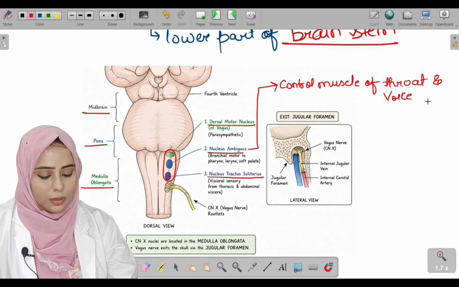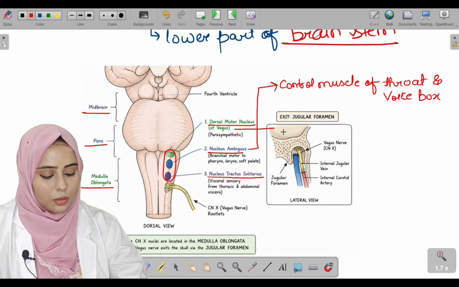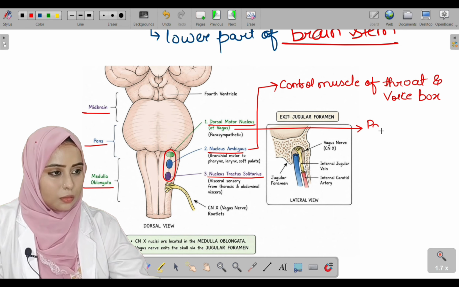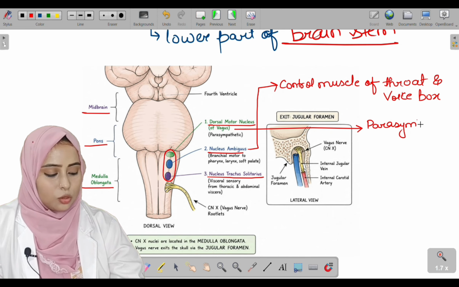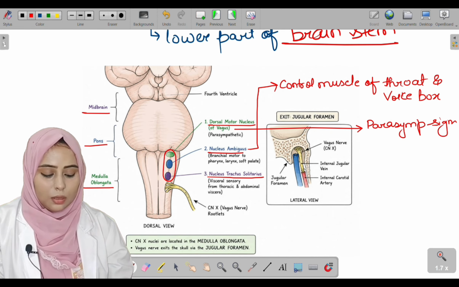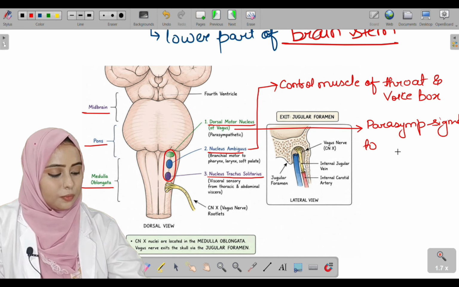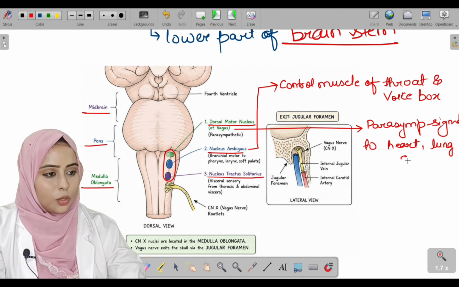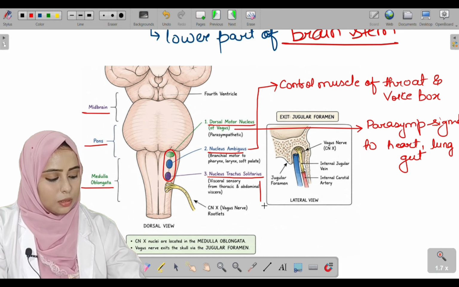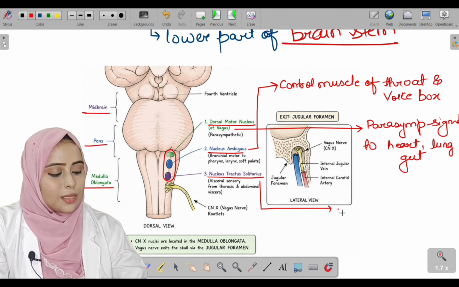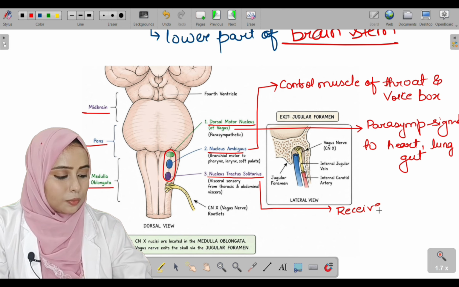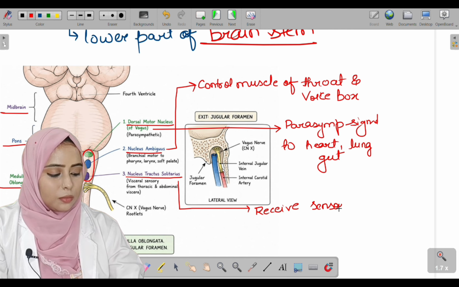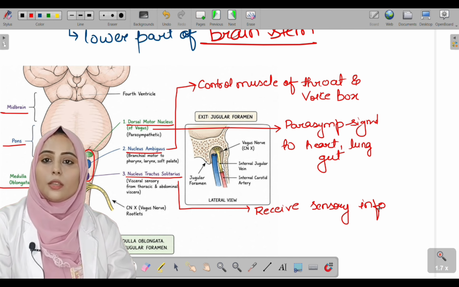The second is the dorsal motor nucleus, which sends parasympathetic signals to organs like heart, lungs, and gut. And the third is nucleus tractus solitarius. It receives sensory information coming back from organs. So that is for sensory information.